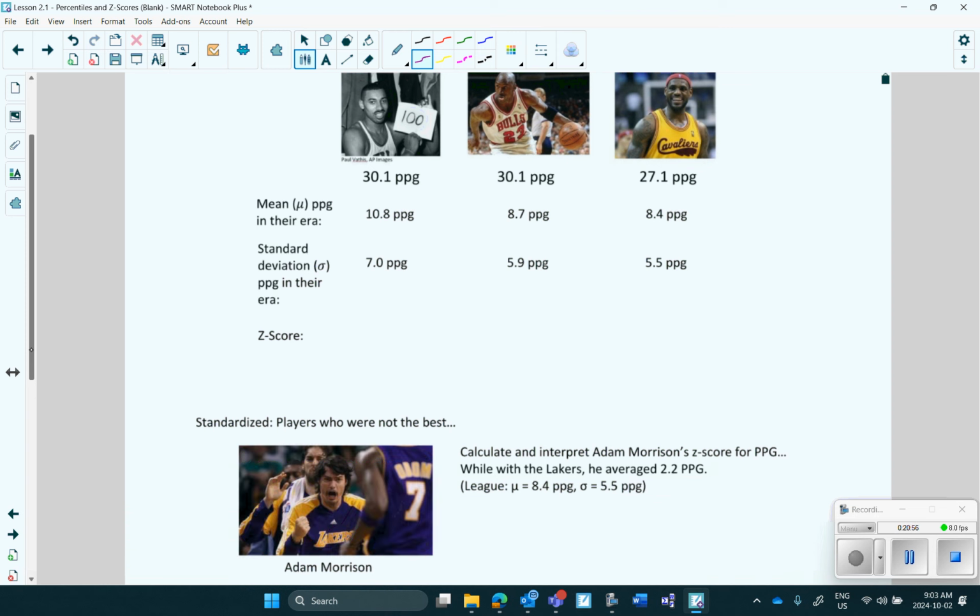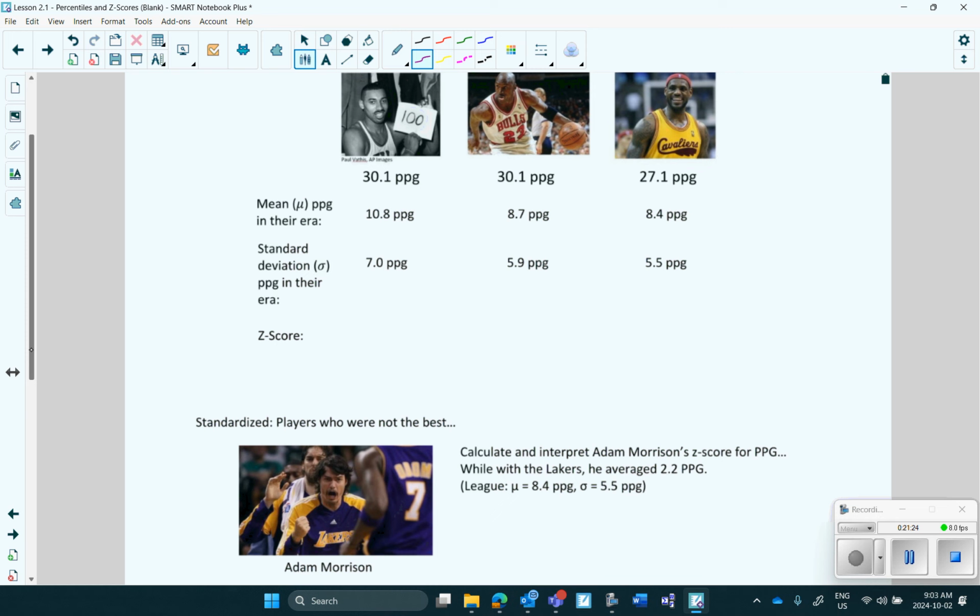And we can see in the 60s, it was high. And then it came down in the 90s and down even more in the 2010s. And for the standard deviation, there was more spread in the 60s than there was in the 90s, and a little bit more spread in the 90s than in the 2010s.